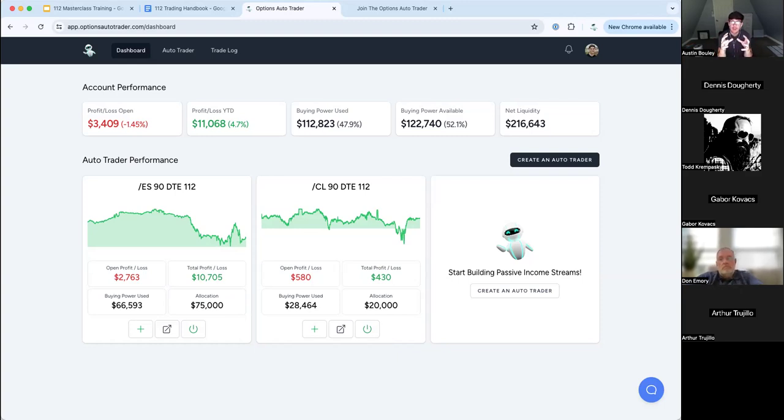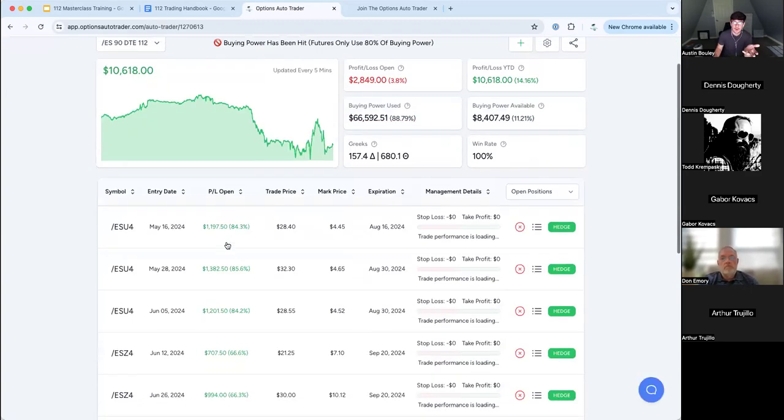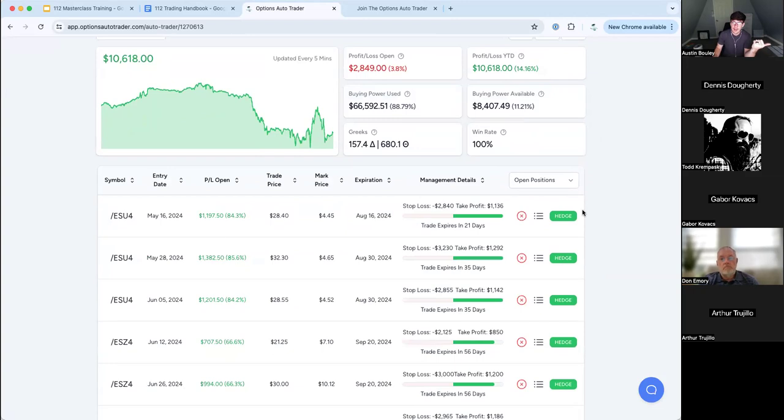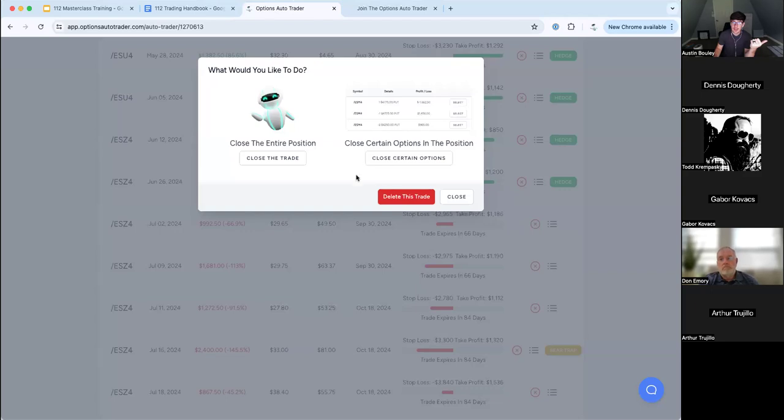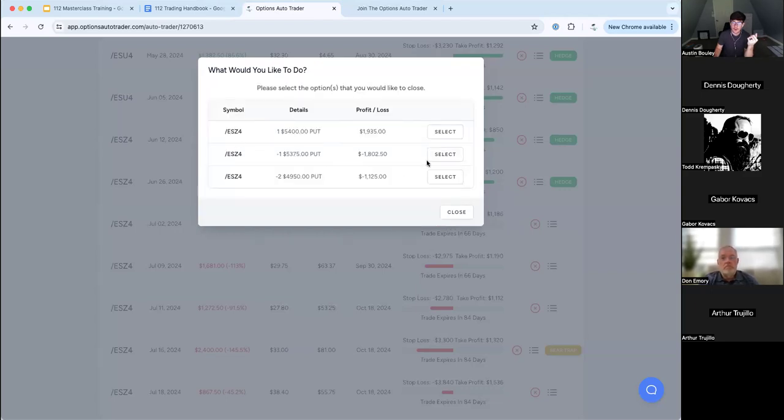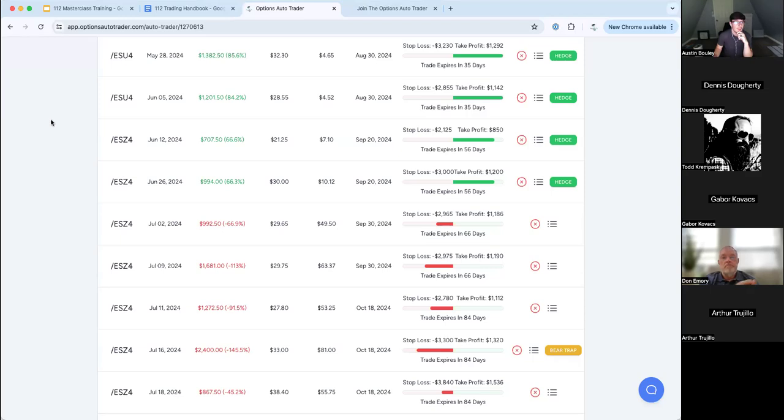You want to make sure that you close a trade to offset that buying power, so that you can lower that requirement. But once you're tracking a trade here, you can either close it in Tasty Trade and it'll update here, or you can just click on the red X here and close the trade with one click. Or you can just close a certain trade and turn it into a hedge yourself. Whatever it is you want to do, you can do that here.